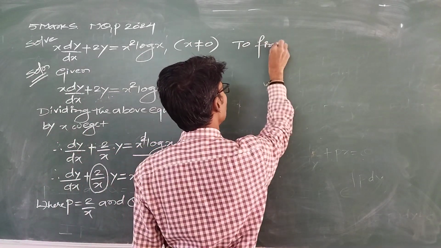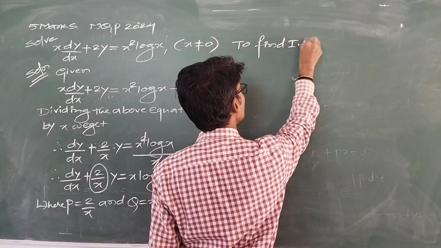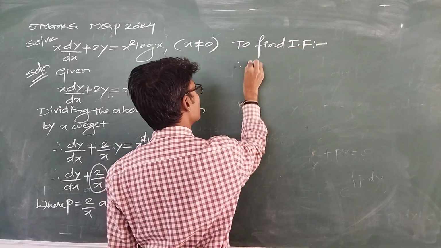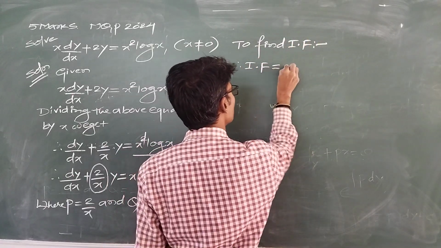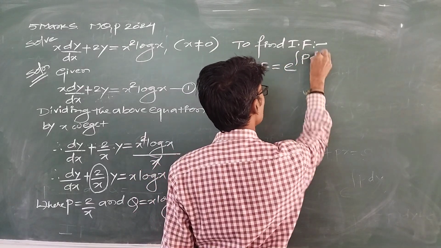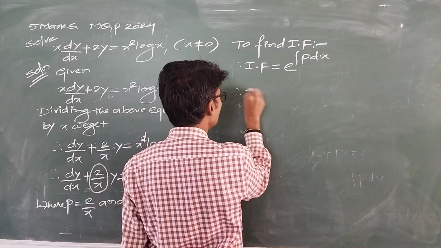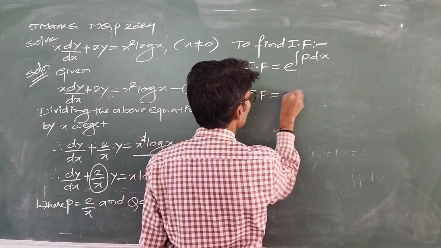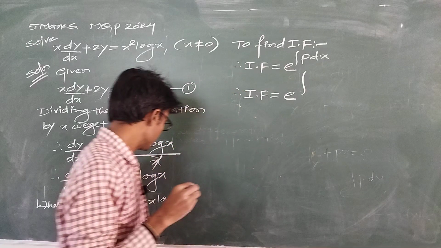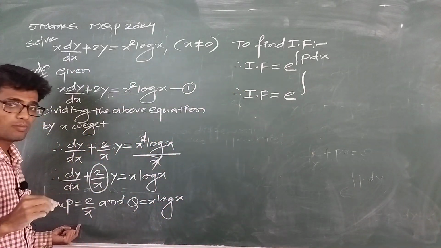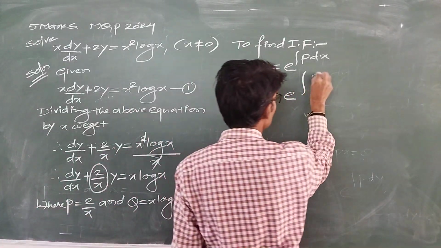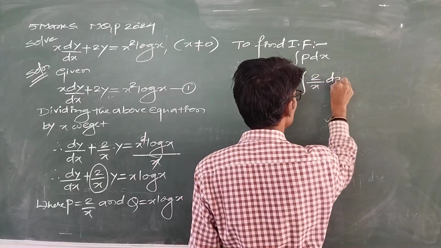To find the integrating factor I.F., I will write I.F. is equal to e raised to integration of p dx. The value of p is 2 by x, so I.F. is e raised to integration of 2 by x into dx.